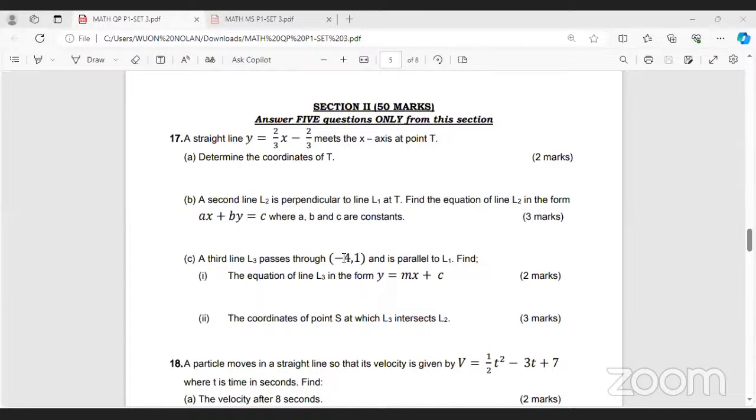A straight line y is equal to 2 over 3x minus 2 over 3 meets the x-axis at point T. Determine the coordinates of T.